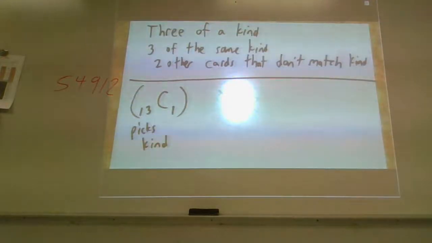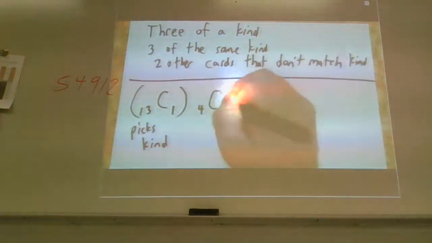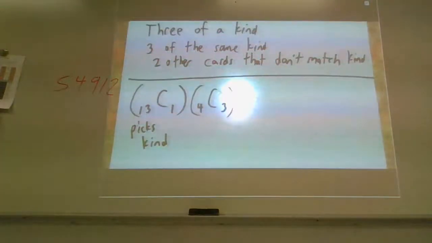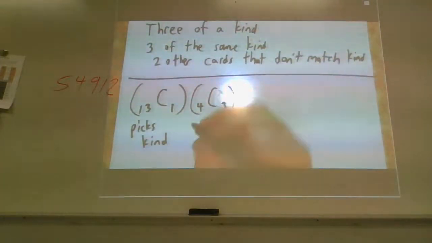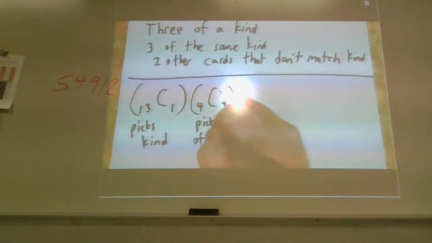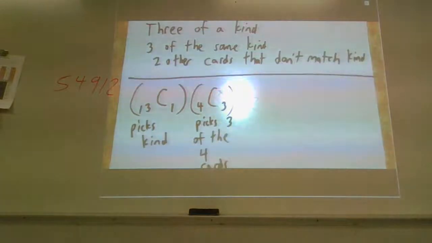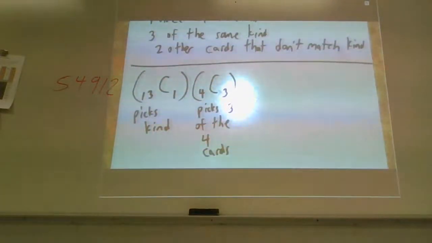There are 4 4s. There are 4 10s. There are 4 jacks. There are 4 in that particular kind, but you only need 3 of them. That's what that next calculation does. This picks 3 of the 4 cards.